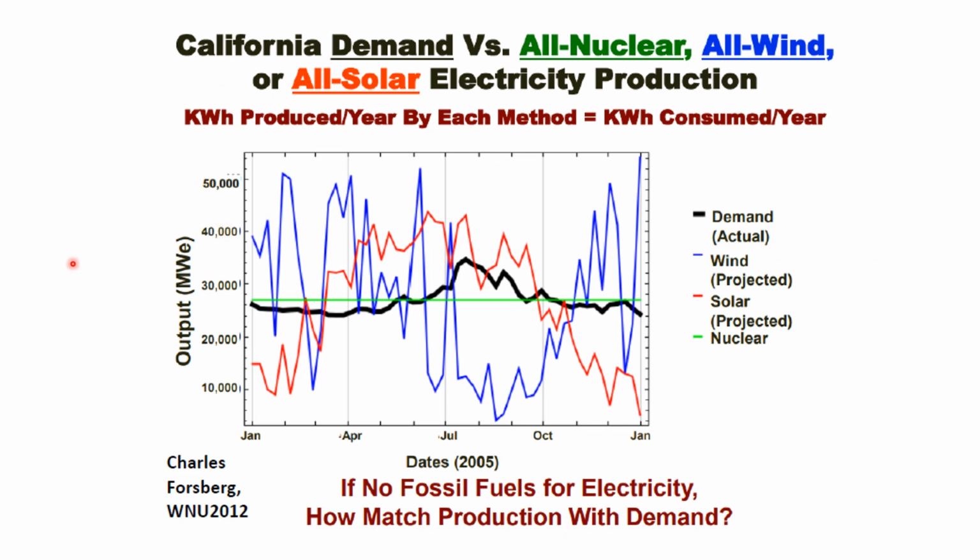As you see here, this is the California demand versus all nuclear, all wind, and all solar electricity production. So the black line here is your California demand for electricity. The green one is for all nuclear, the blue is for all wind, and the red is for all solar electricity production.